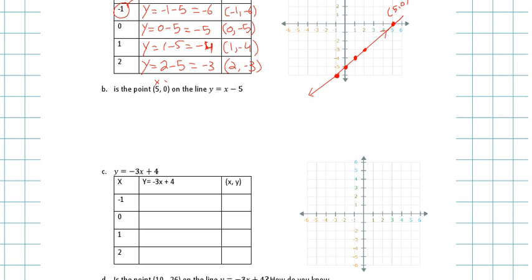I can plug in the 5 into the x, and I can do exactly what you said, Dale, or I can plug in 0 for y and check left side, right side. So, if I do that, 0 equals 5 minus 5. Is 5 minus 5 0? 0 equals 0, so that means my left side equals my right side. Remember we did that when we were solving equations? So I checked, left side equals right side, therefore the point (5, 0) is on the line.